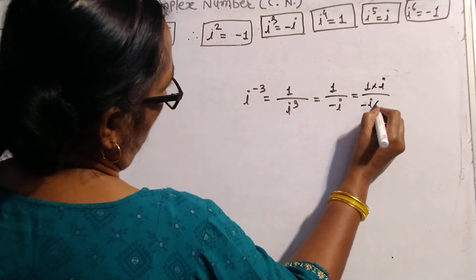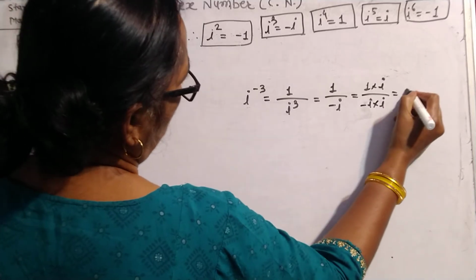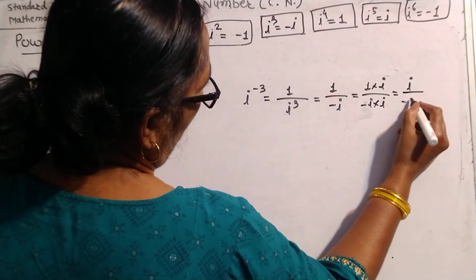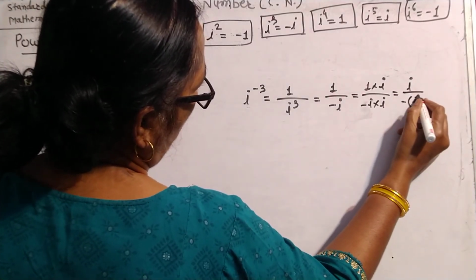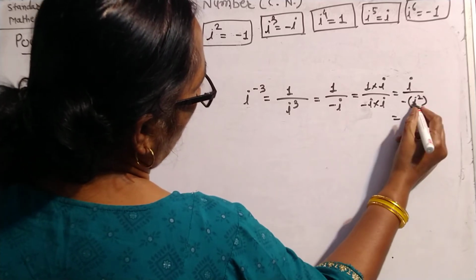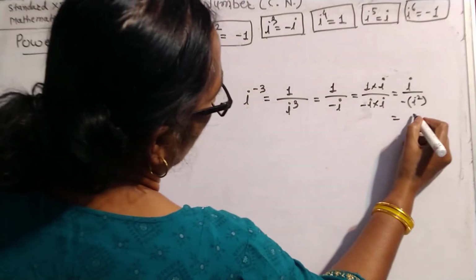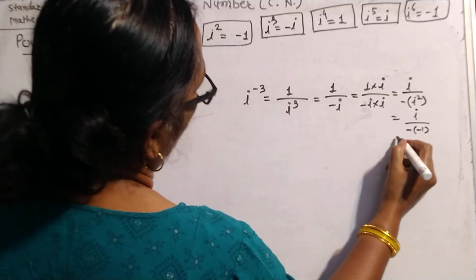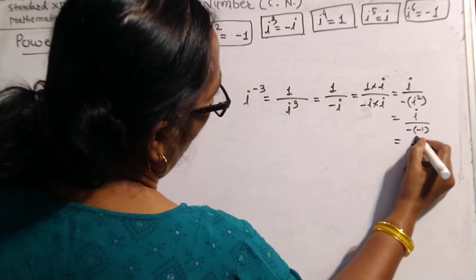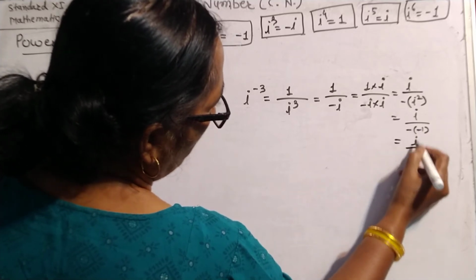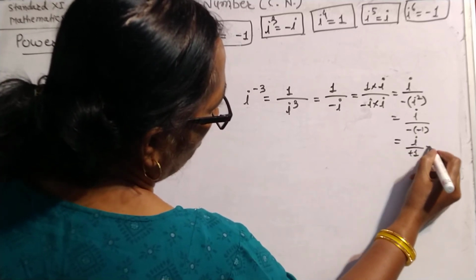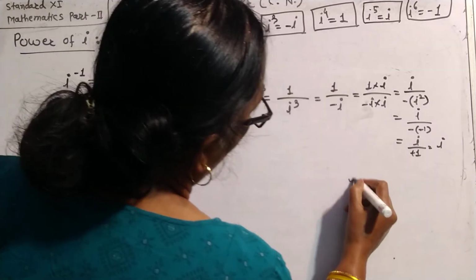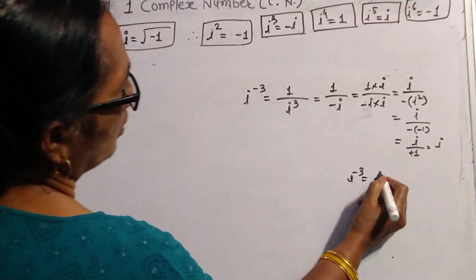Minus i into i means minus i square. But i square is nothing but minus 1. Therefore i divided by minus 1, negative times positive, means i. Therefore i raised to minus 3 equal to i.